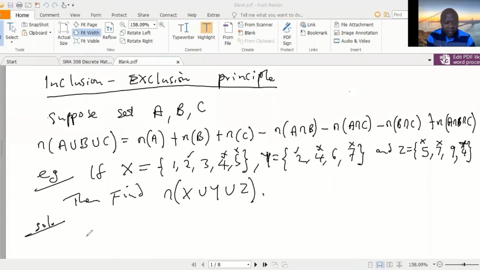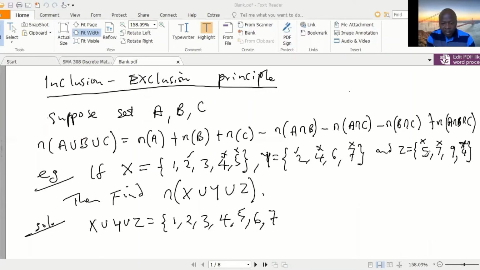The union of x, y, and z has the elements in x, 1, 2, 3, 4, 5. So we write the elements in y, but we make sure we don't repeat an element. So we cannot write 2 because it has already been written. 4 we cannot write it because it has already been written. But 6 has not been written here. And 7 has not been written here.